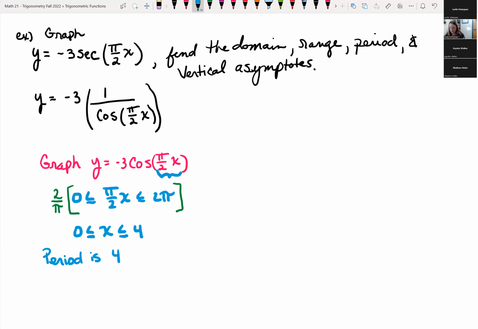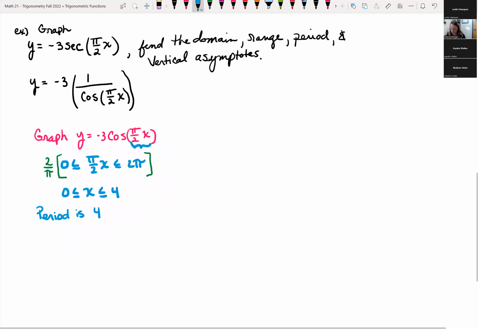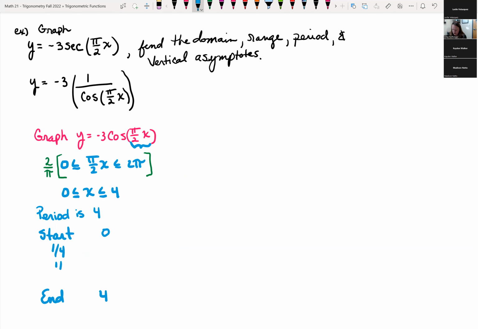So once we did that, we found out our period. From that inequality, we know that the start of one cycle of our period is 0. The end value of one cycle of our period is 4. We looked at our quarter value, our half value, and our 3/4 value, and plotted those on the x-axis to help us graph these.